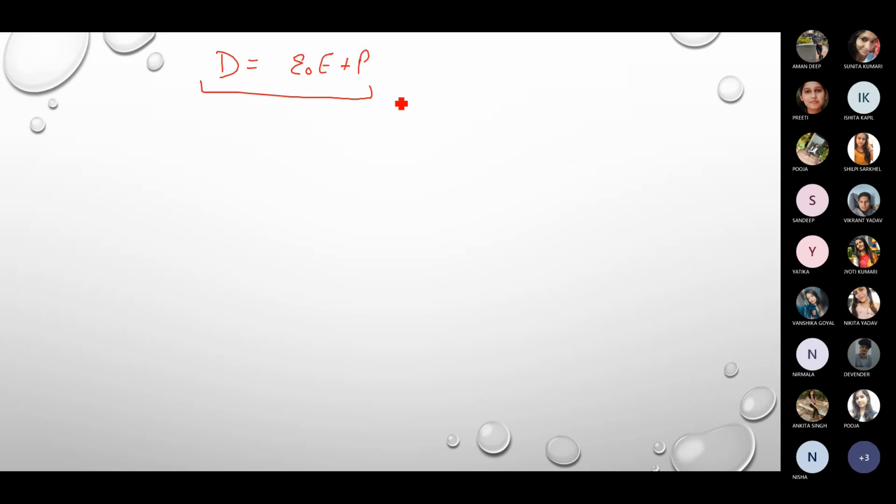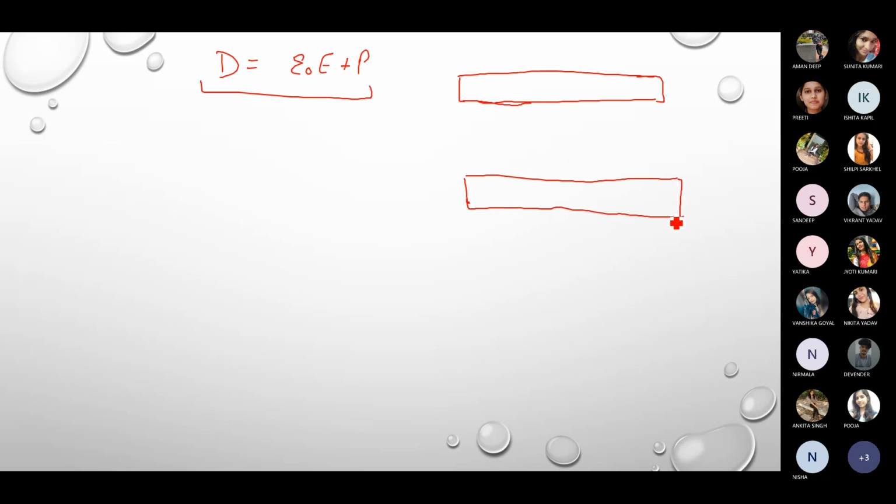You can also represent this equation diagrammatically. So how to represent it diagrammatically? Let's say if we have the plates of the capacitor like this, and we have a dielectric slab as well inside the plates of the capacitor like this.